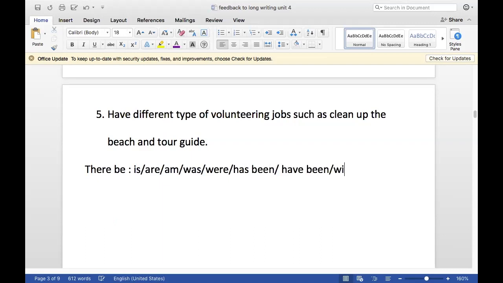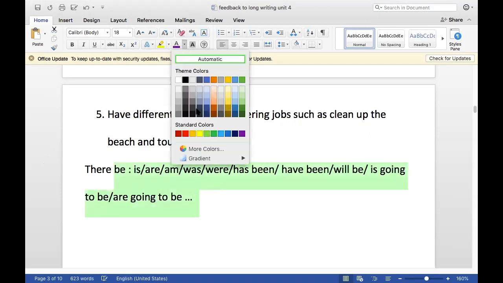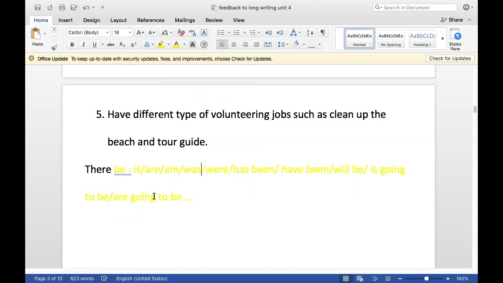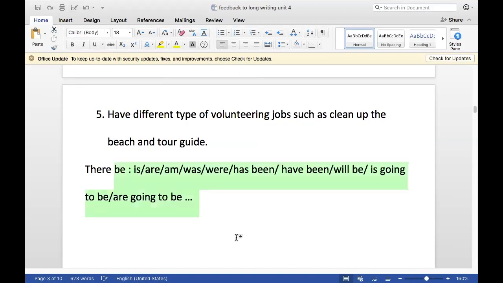There have been, there will be, there is going to be, there are going to be, etc. The different forms of be. That means have something.